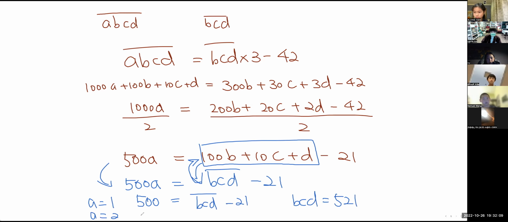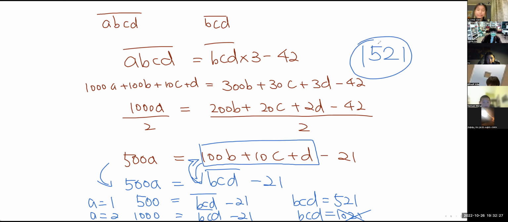If A equals 2, 1000 equals BCD minus 21, so BCD equals 1021, which is incorrect because BCD is a 3-digit number instead of 4. So that's why the answer is 1521.